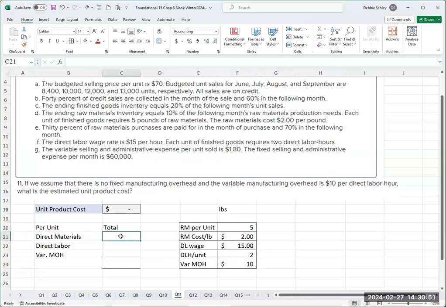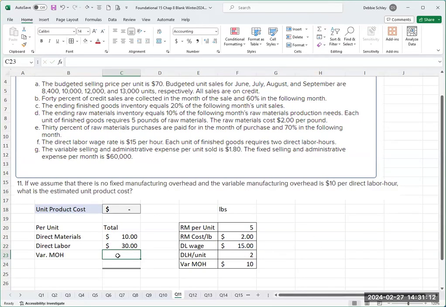So my direct materials will be, and this is per unit again, the 5 pounds per unit times $2 a pound. My direct labor is going to be $15 an hour times 2 hours per unit.